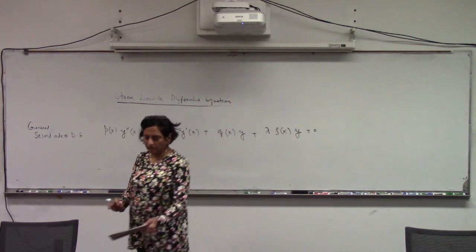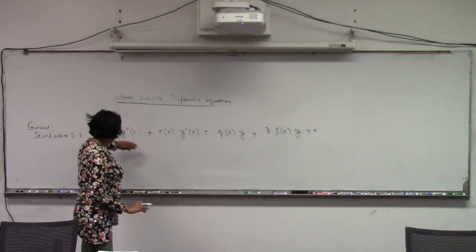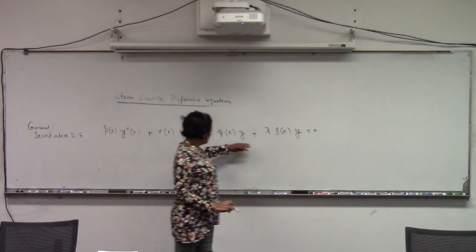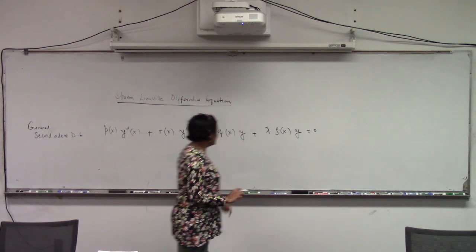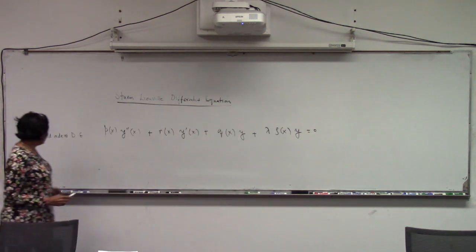This is a very general form of second order differential equation. You've got the second derivative, first derivative, y, and something. I'll tell you why we're writing it like this.